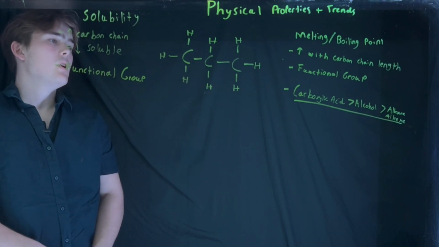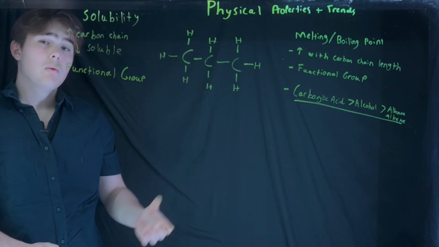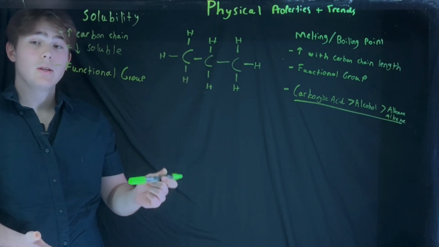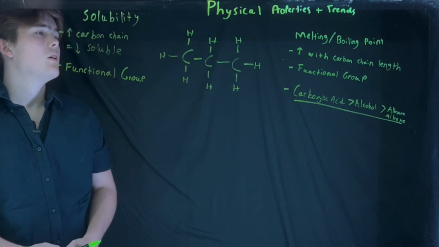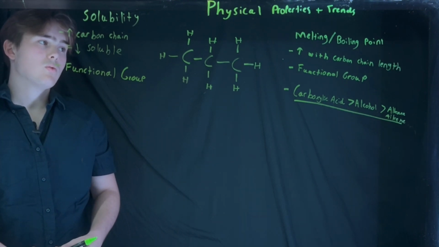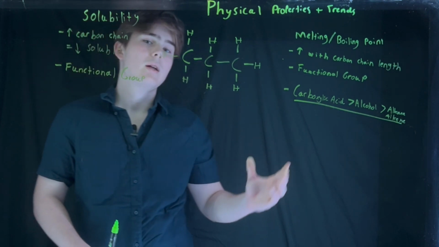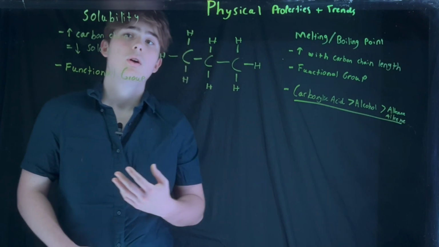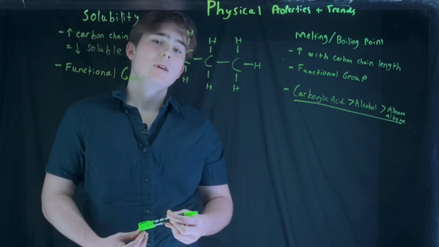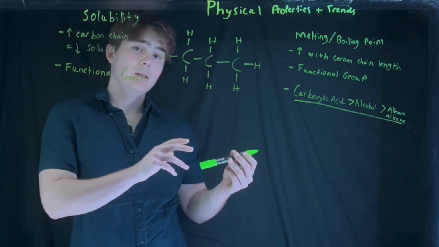Okay, so I also want to talk a little bit more about volatility and what that means. So it is related to boiling point, but it's kind of opposite. What I mean by that is if we increase the boiling point of a molecule, that means it has a lower volatility.